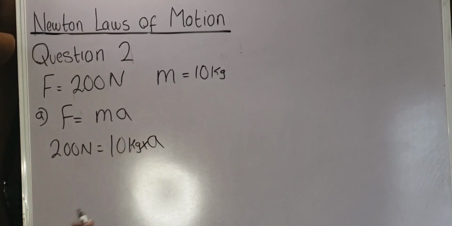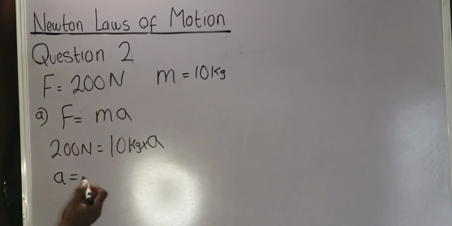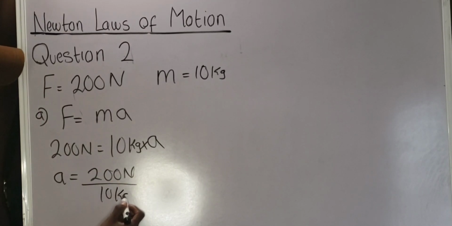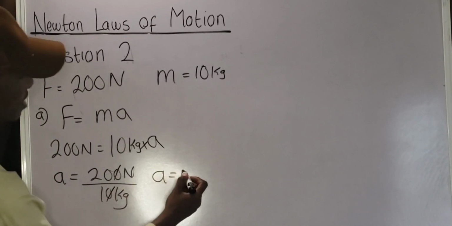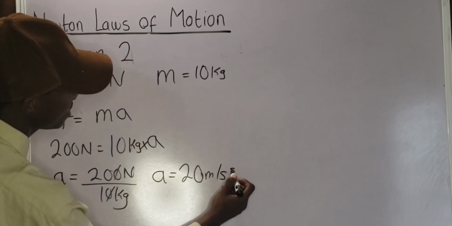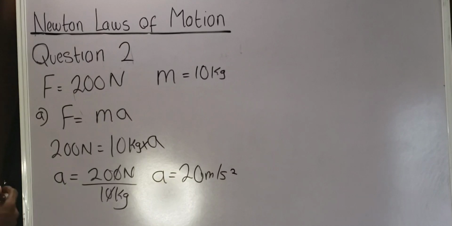So to calculate the acceleration, a equals 200 Newton over 10 kilogram. If you divide this, you're going to get 20. That is 20 meters per second squared. That is the acceleration after the force is applied.